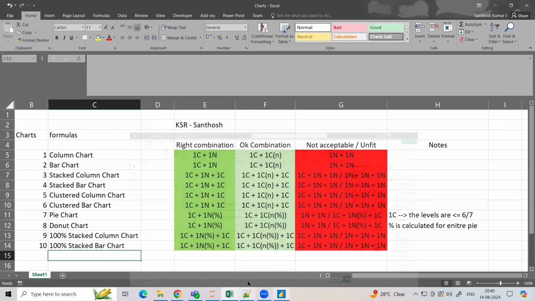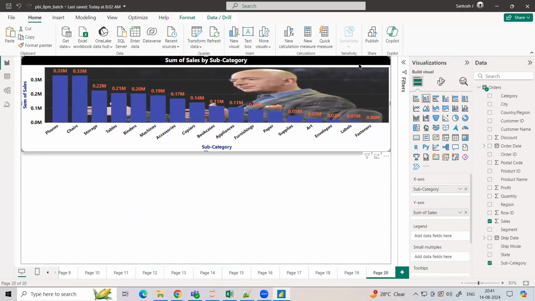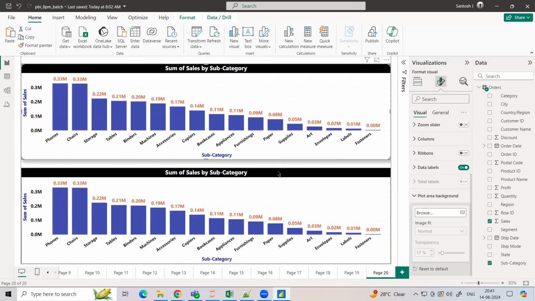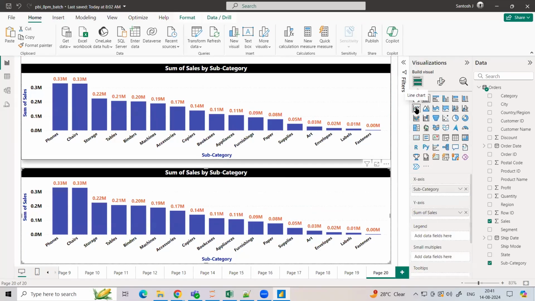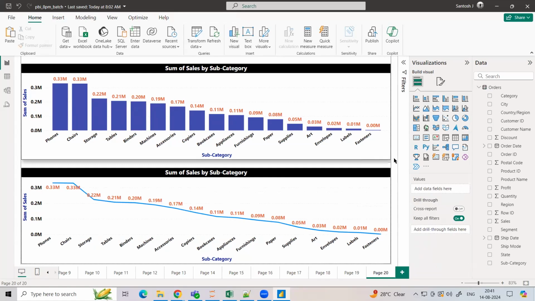Okay. Now we'll take this chart. We'll remove the background. I will simply change this to a line chart. First question: can I say both are readable? Yes. Okay. I'm asking from each individual's perspective, which one is having more clarity?